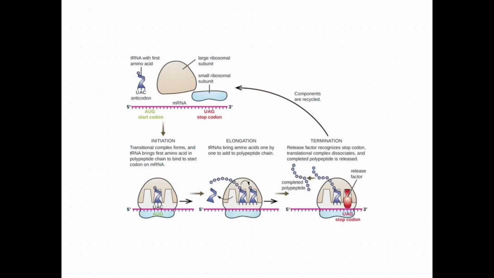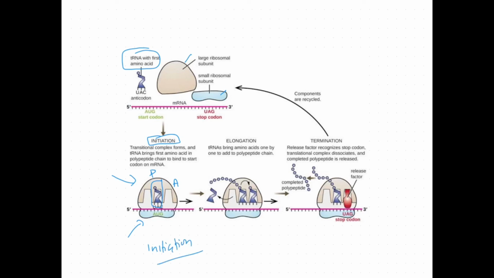So we will have a quick recap. In the process of initiation, first we can see the larger subunit, the smaller subunit and tRNA at the P site. The A site is now ready to accept the next tRNA. This process is known as initiation and requires various initiation factors.